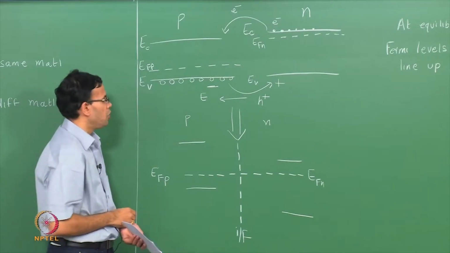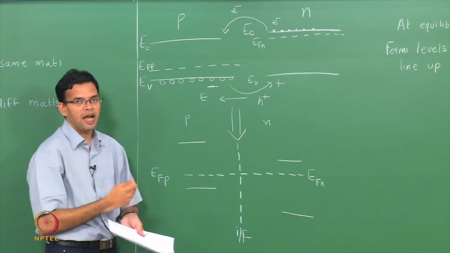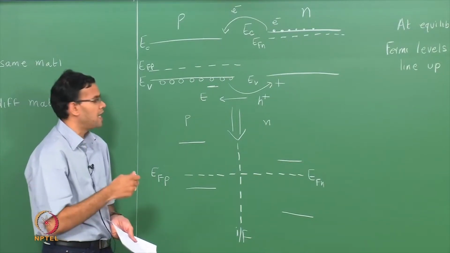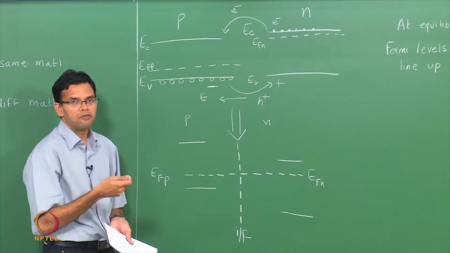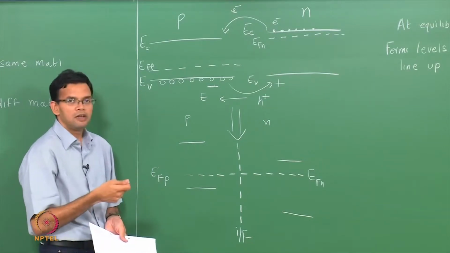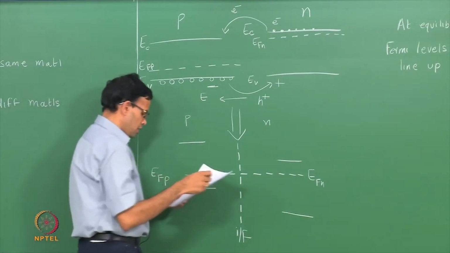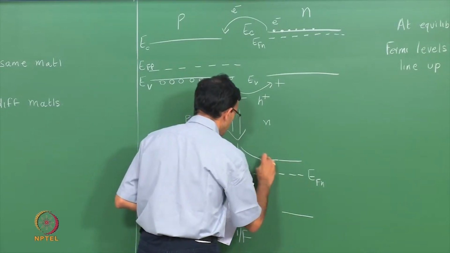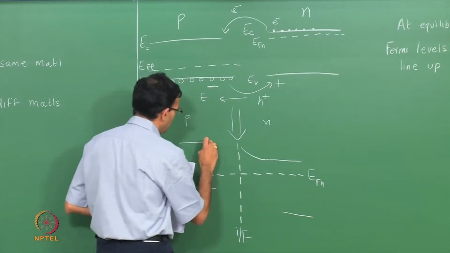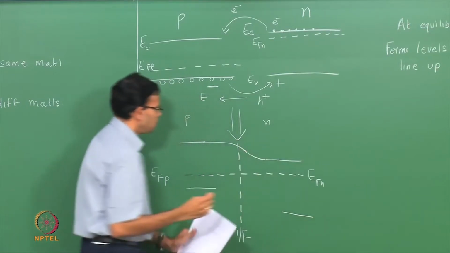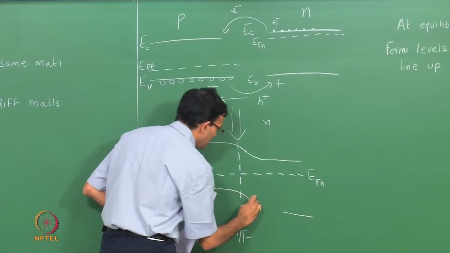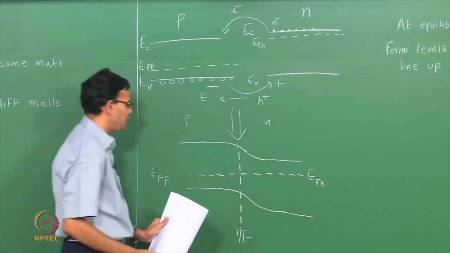In last class, we also saw that whenever we have an electric field, we have band bending, and the bands bend in the direction of the field. So, the bands bend up in the direction of E. We have the bands bending on the N side up, and bands bending on the P side down. That is how the junction forms. You can do the same for the valence band.